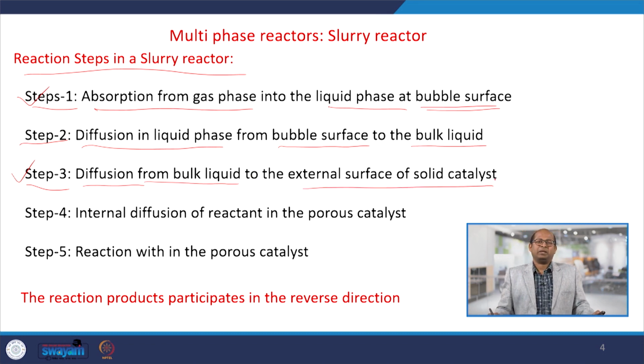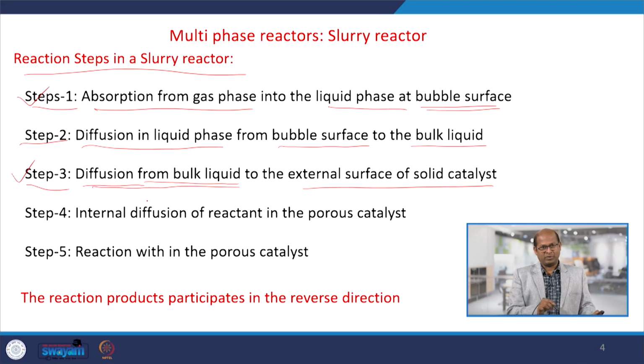There are 3 components: gas, liquid and solid. First the gas component comes to the interface, then to the bulk liquid, and then from the bulk liquid to the external surface of the solid catalyst.